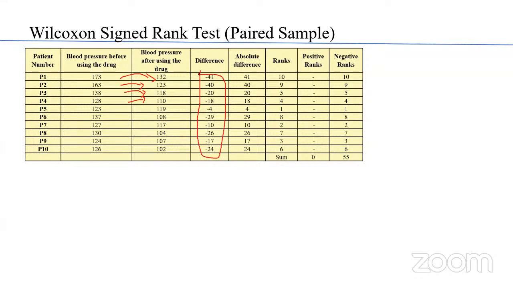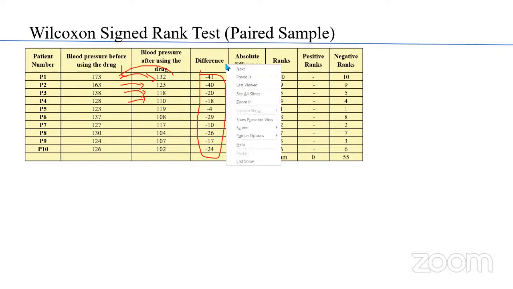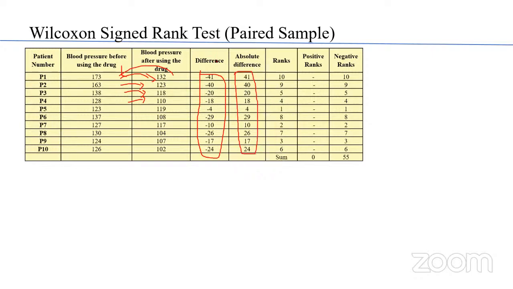Since we cannot give negative values for ranking, you make it an absolute difference. Or else you can make this minus this instead. Finally you have certain values: 41, 40, 20, 18, 4, 29, like that.